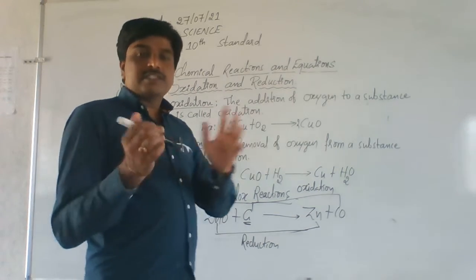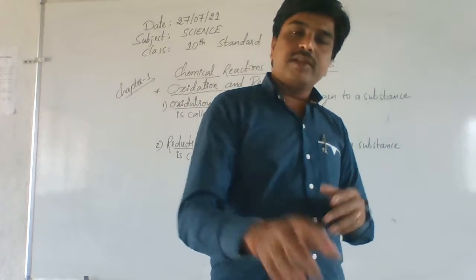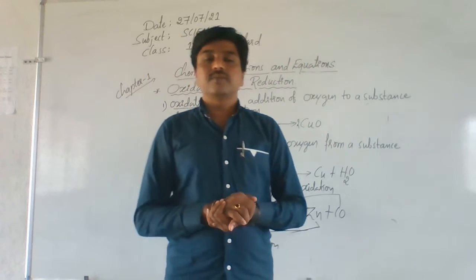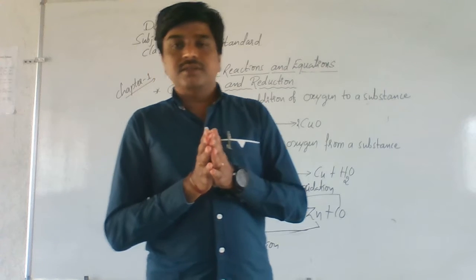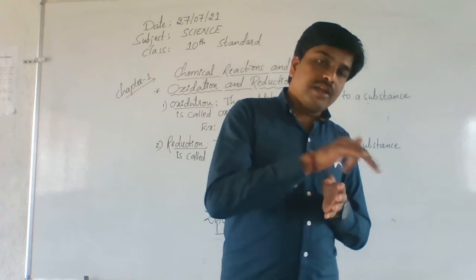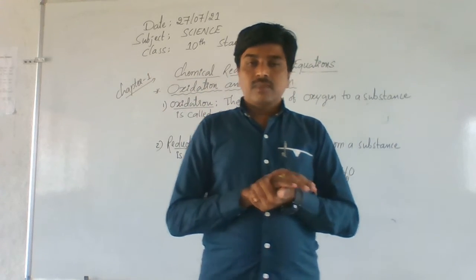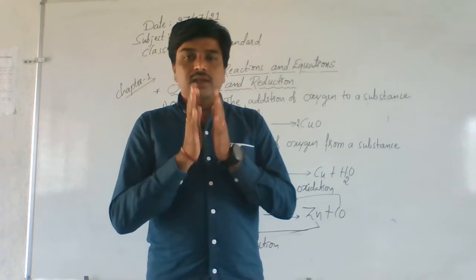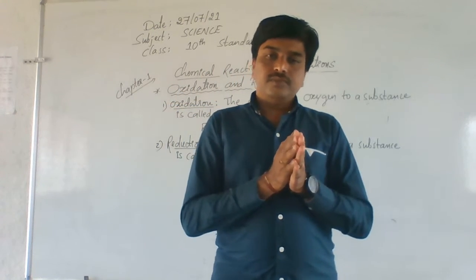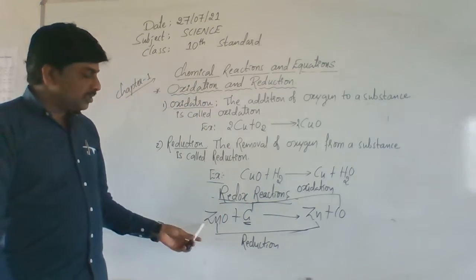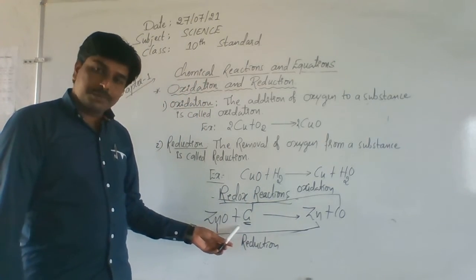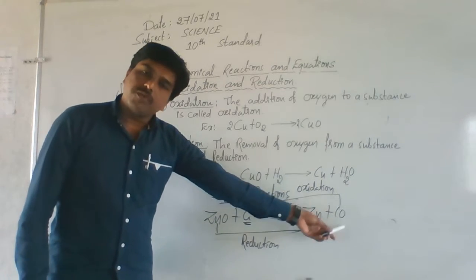So, redox reaction means, listen, I will explain carefully. If oxidation and reduction reactions take place simultaneously in a single reaction, such reactions are said to be redox reactions. Clear or not, students? It's very easy to understand. So when zinc oxide reacts with carbon, that forms zinc and carbon monoxide.